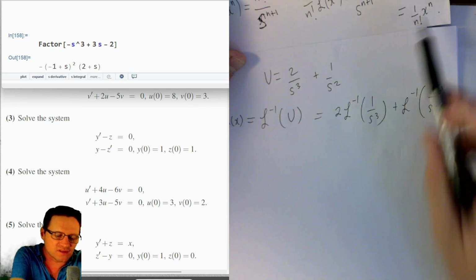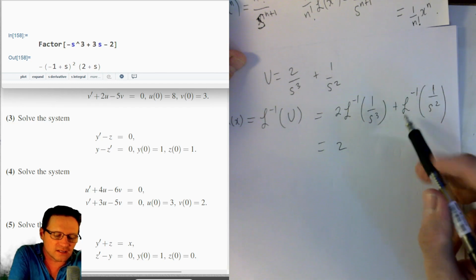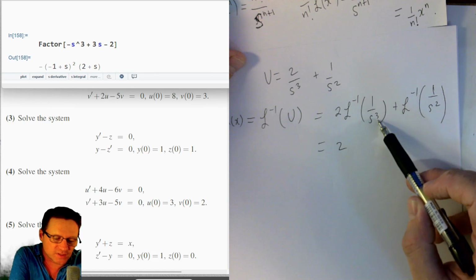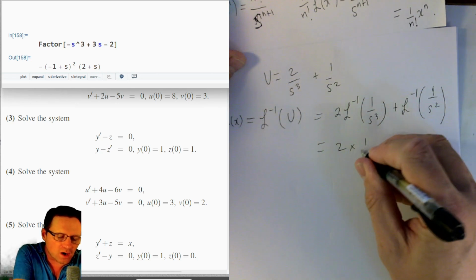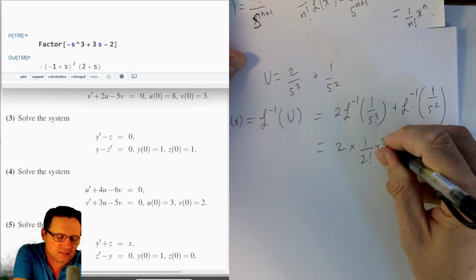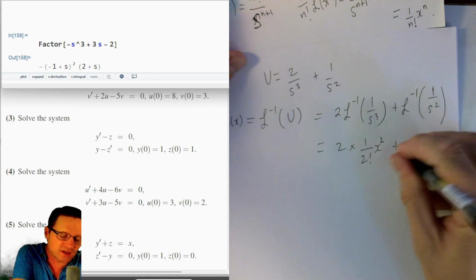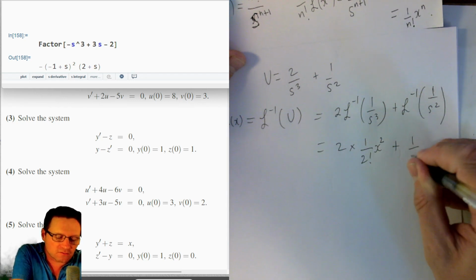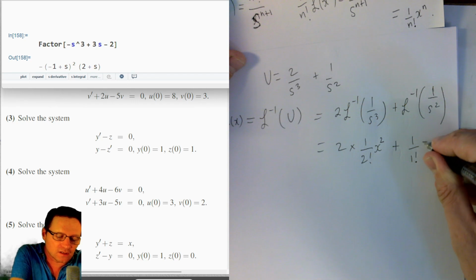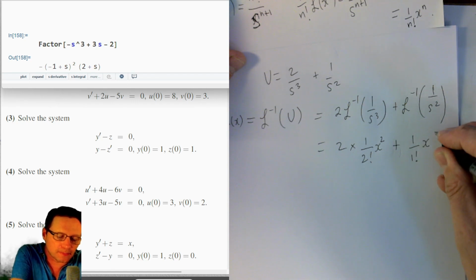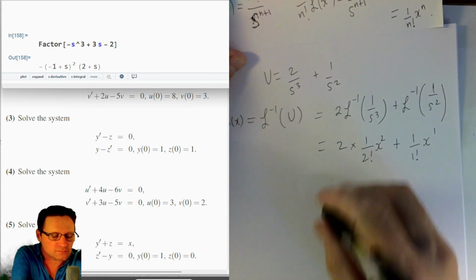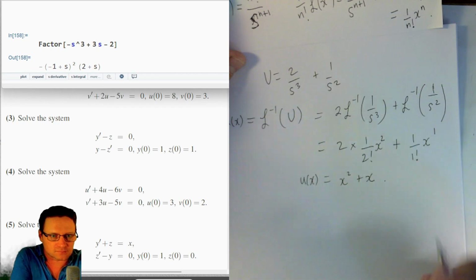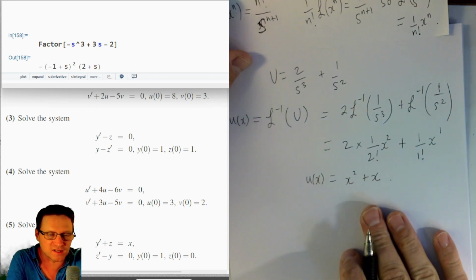All right, now according to this, the inverse Laplace transform of 1 over s to the power of 3, here the n would be 2, so then we get 1 over 2 factorial x to the power of 2, and then over here the n would be 1, so we have 1 over 1 factorial x to the power of 1. And so this simplifies to give us x squared plus x. Okay, so u of x is x squared plus x.